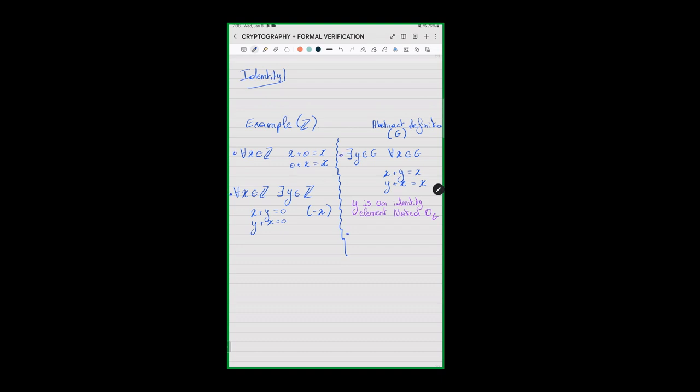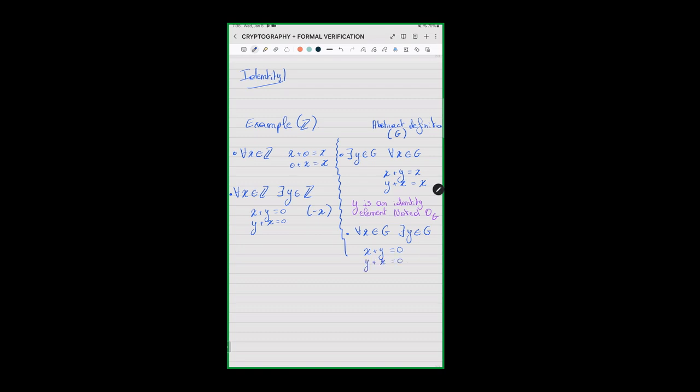So the second property is for all x in G, there exists another element y in G such that x plus y equals 0 and y plus x equals 0.